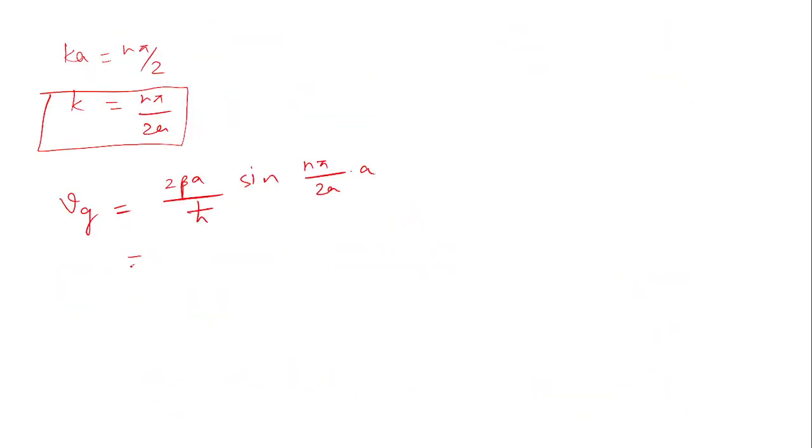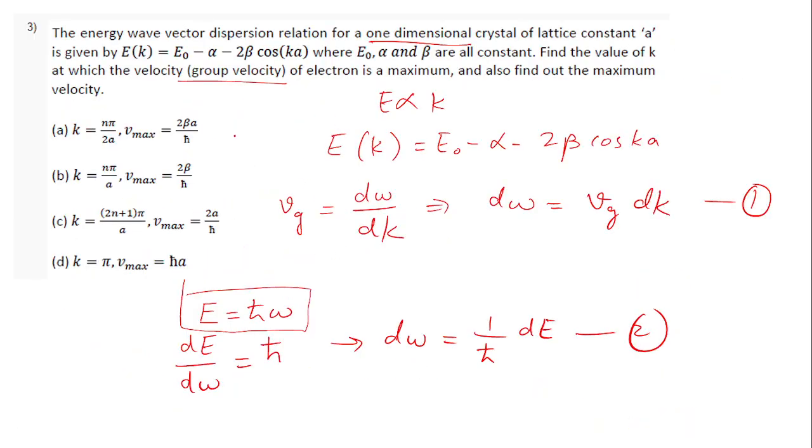So what will this become? 2 beta a by h bar, the a is gone, sine of n pi by 2, the value will be 1. So the maximum group velocity of the electron will be 2 beta a by h bar, and k value will be this. So this is the correct answer.